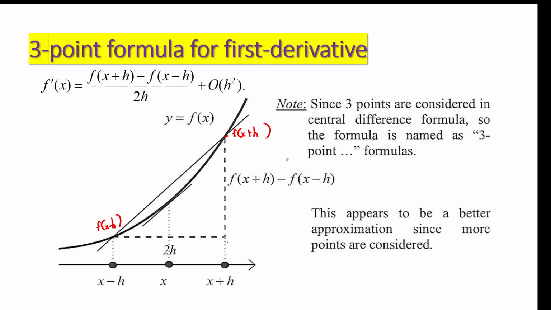Using the concept of slope, dy is f(x plus h) minus f(x minus h), and dx, the difference of x, is h plus h, a total of 2h. So far, any question?